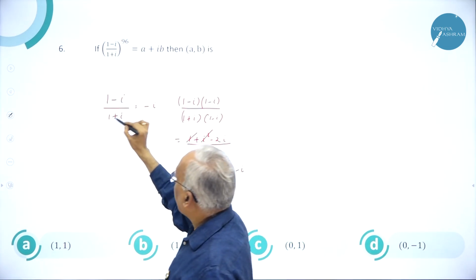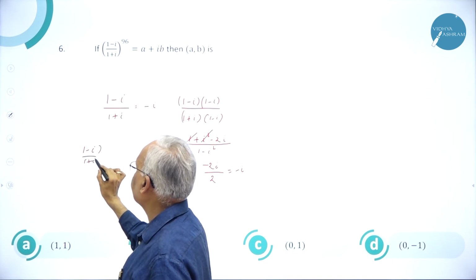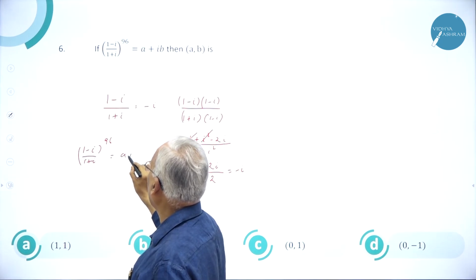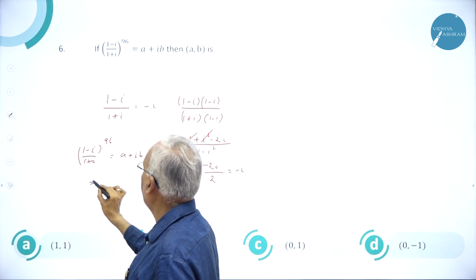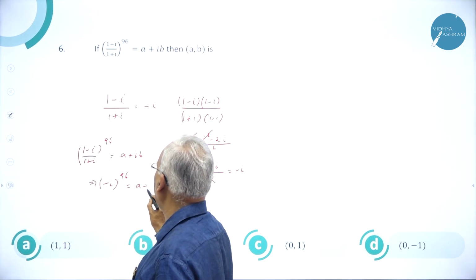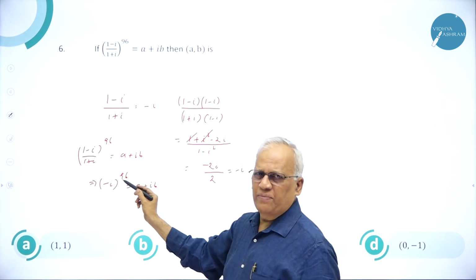Now that to the power 96, therefore (1 minus i) by (1 plus i) to the power 96 is equal to a plus ib, which implies (minus i) to the power 96 is equal to a plus ib. Now minus to the power of an even number is plus.